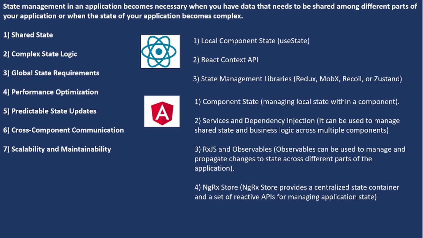Next one is cross component communication. What does it mean? When components need to communicate with each other and share data, a centralized state management approach can facilitate this communication by providing a single source of truth for the shared data, guys. For example, in everyday work, one component is communicating with another component.